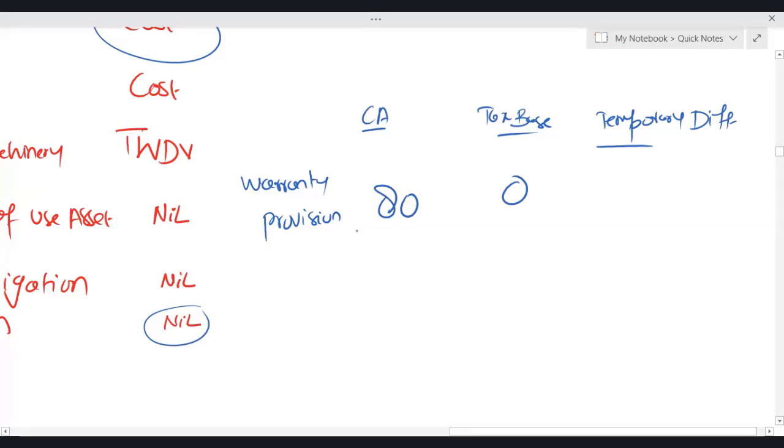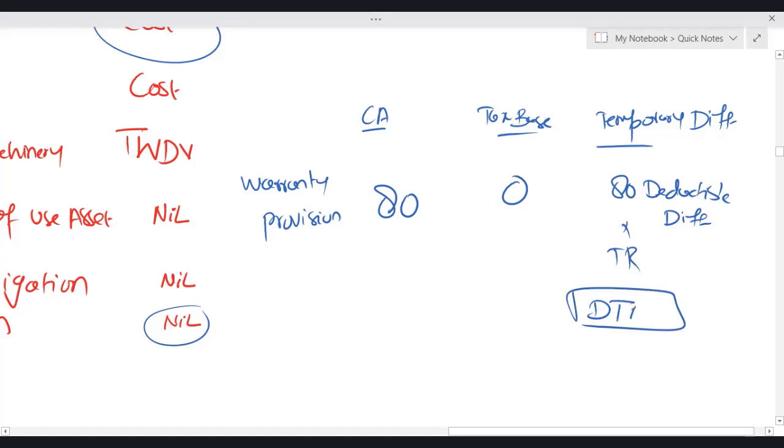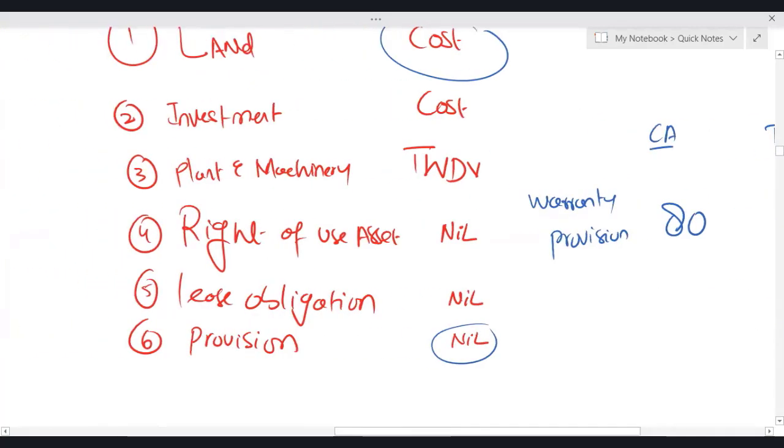So warranty provision is a liability. Carrying amount is 80, tax base is 0. So this 80 will be your deductible difference. And we know that deductible temporary difference multiplied by the tax rate will give us the deferred tax asset. They have just written this in the explanation.